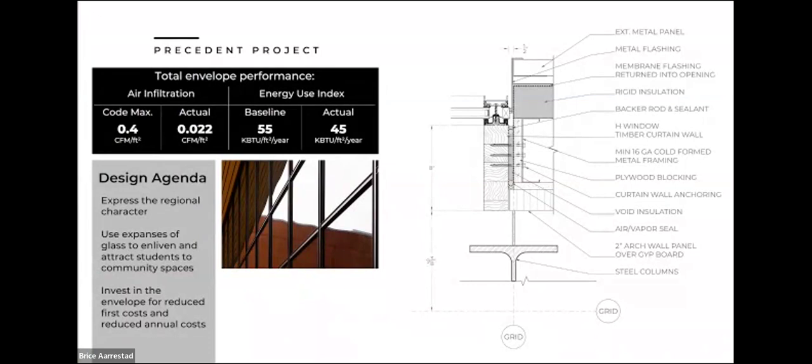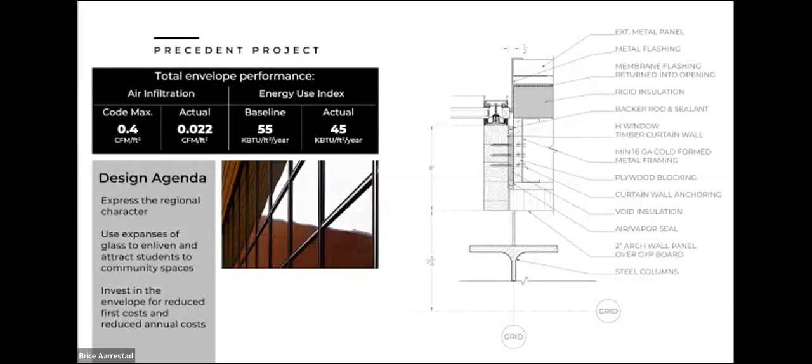The code maximum is not to exceed 0.4 cubic feet per minute per square foot of envelope space. In this product, we have a really high performance value on air infiltration.